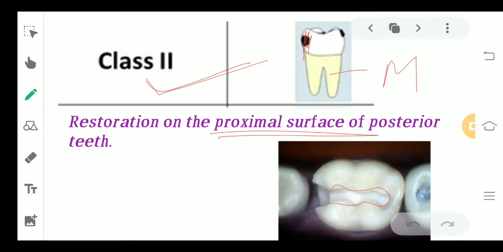Now you have extended it towards the proximal surface, because here the caries were on the proximal surface of the tooth. So here you make a special kind of seat, and this is said to be the gingival seat. You prepare a gingival seat here, and this seat is prepared because of amalgam. Amalgam or any other restorative material needs this kind of gingival seat. You're removing the proximal caries from this side, and so you prepare this kind of seat here.